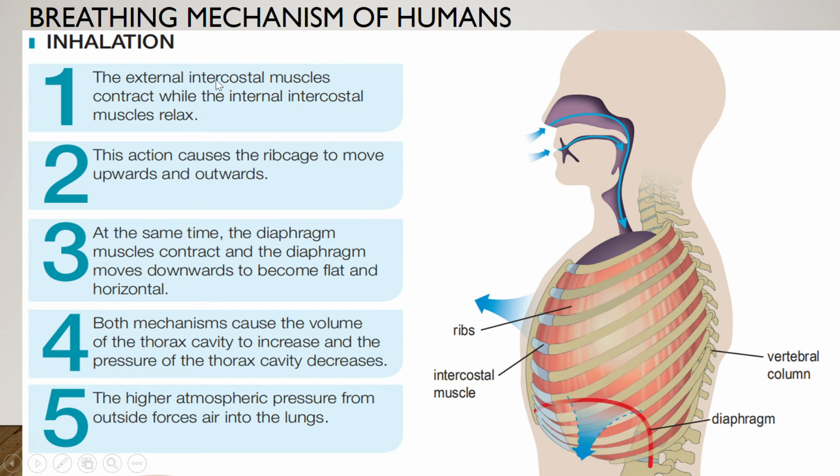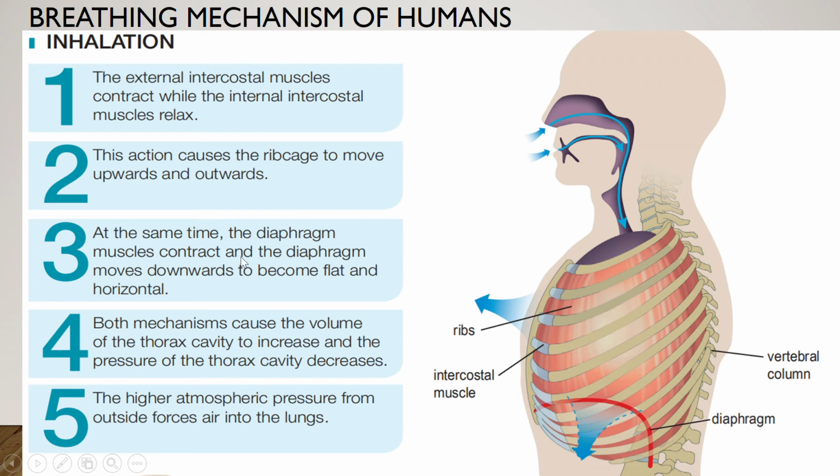External intercostal muscles contract during inhalation, and the antagonist muscles, the internal intercostal muscles, relax at this time. So the rib cage, like a cage, the ribs, goes upward and outward.